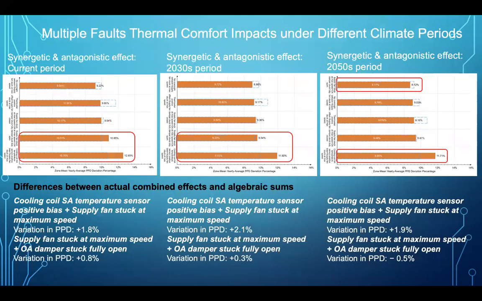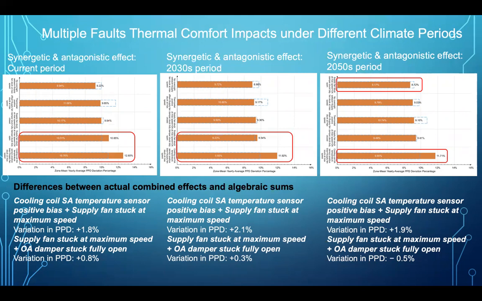As for the thermal comfort impacts of multiple faults, the combination of cooling coil supply air temperature sensor positive bias and supply fan stuck at maximum speed led to the most significant deviation in PPD of around 2% under each period.